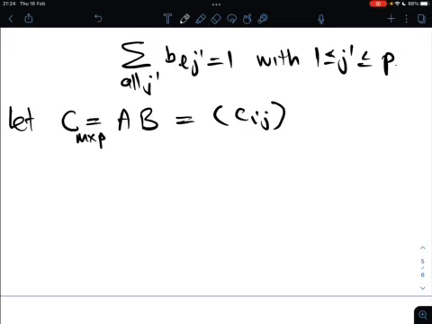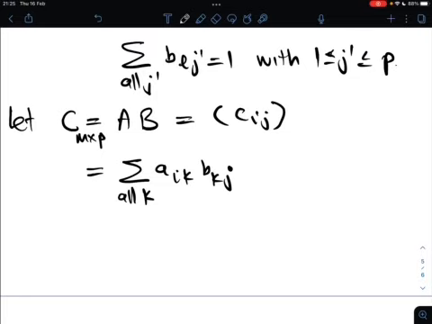Now, we know again that by definition, AB is defined as the sum over all k of A_ik B_kj. So by definition, the product of two matrices A and B is defined as follows. It is defined as the sum over all k, where k is taking all possible values, and then we write these juxtaposed like that.